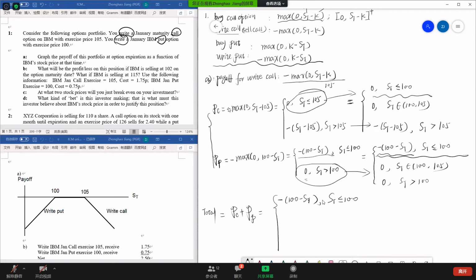And when the stock price is between 100 and 105, both payoffs are 0, so the total payoff is 0. And when the stock price is larger than 105, sorry, it's 105 here, so the total payoff is this.